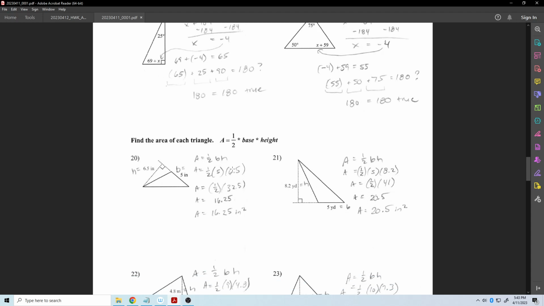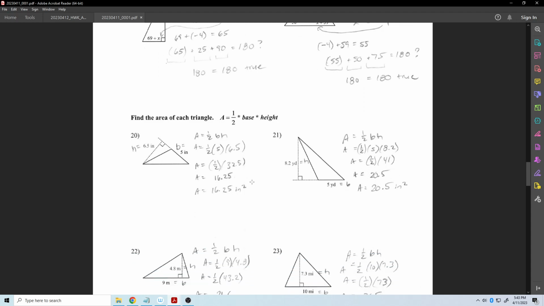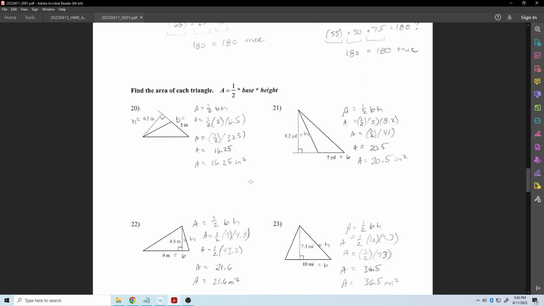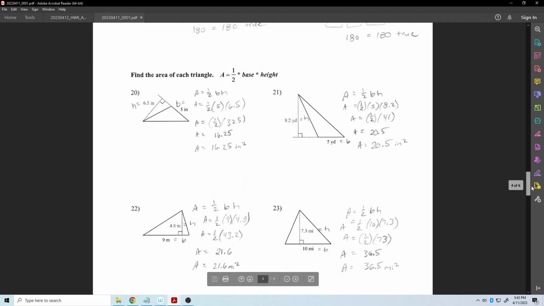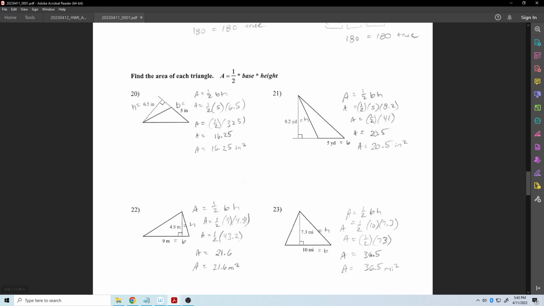Now we're moving on to 2D area problems. The biggest thing, probably that you haven't done before, but I really want to hit home here, is triangles, triangles, triangles. Triangles can be represented in a diagram in several different ways. You can see 20 through 23 are represented in a few different ways.